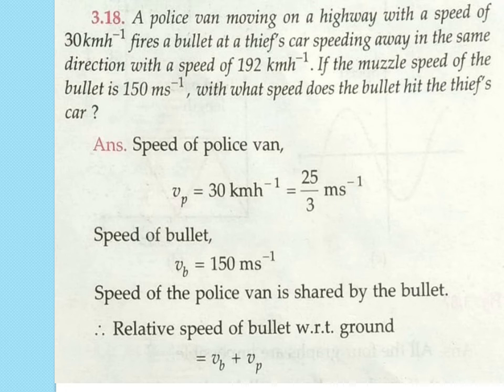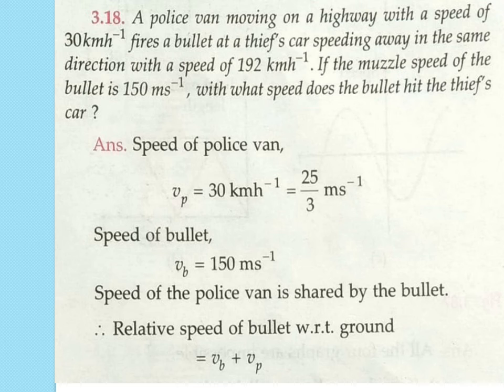Now question number 3.18. A police van moving on a highway with a speed of 30 km per hour fires a bullet at a thief's car speeding away in the same direction with a speed of 192 km per hour.